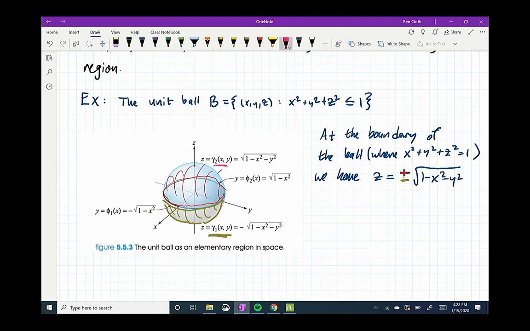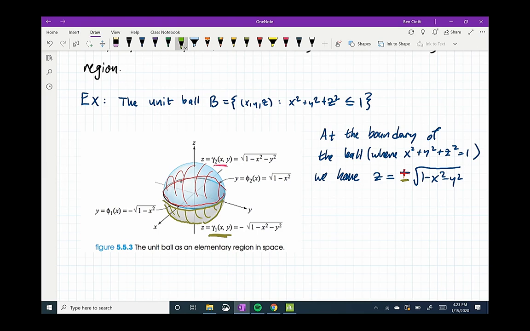A bit trickier, though. What's your planar elementary region? This is something you're going to have to do repeatedly when you're doing these problems. Once you figure out the function on top and the function on the bottom, now what's the planar elementary region that bounds the remaining two variables, which in this case are x and y?